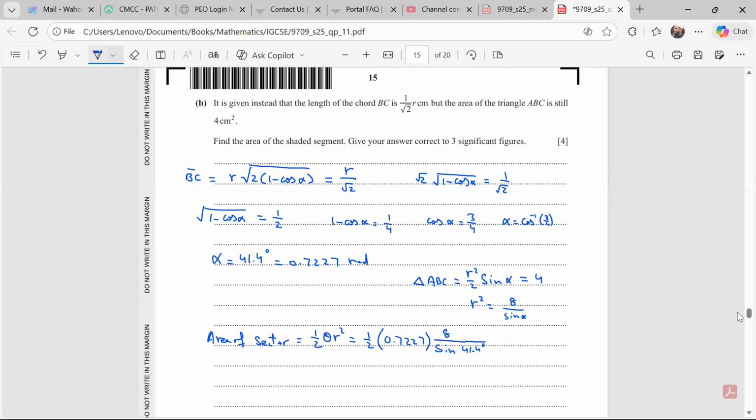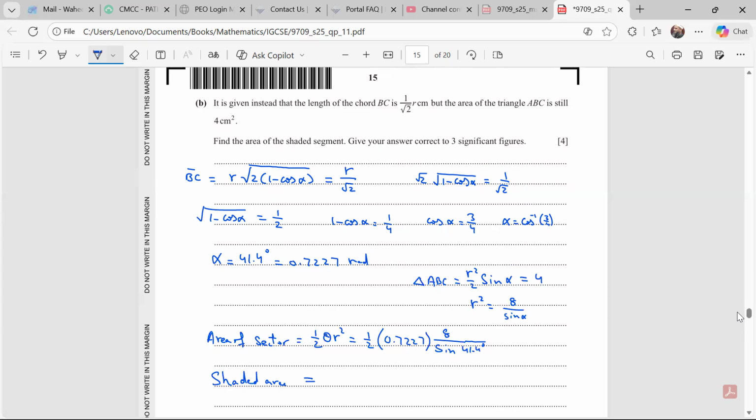Okay, so this is the area of the sector, and the shaded area would be the area of the sector minus 4, right?